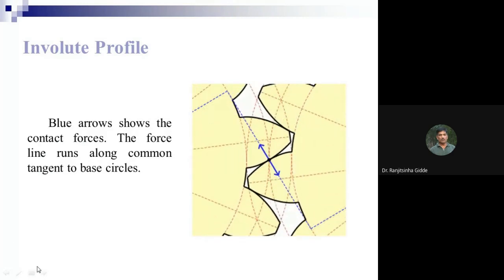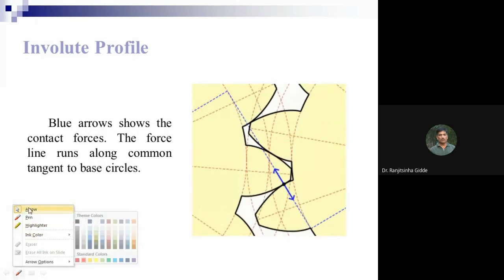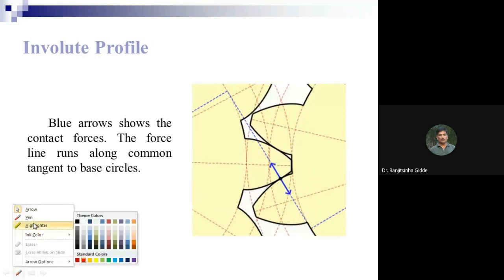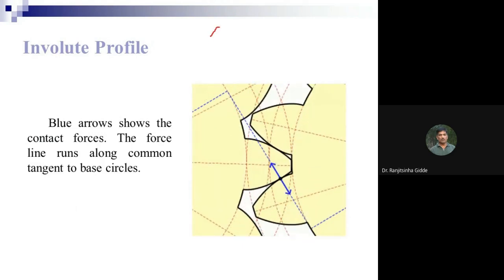Suppose for any particular transmission we have selected this as the one tooth on one gear, right? So this is from the first wheel, and suppose we have selected the tooth profile for the second wheel like this.